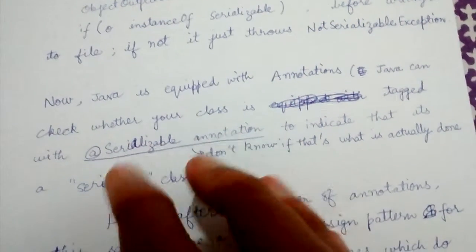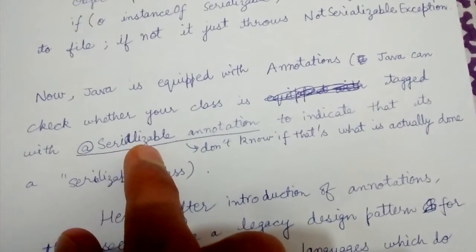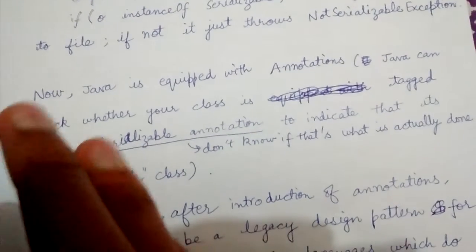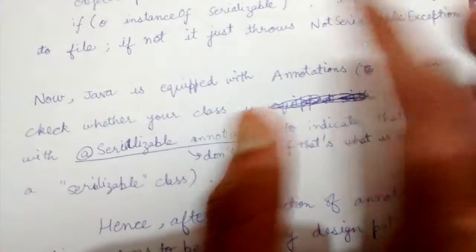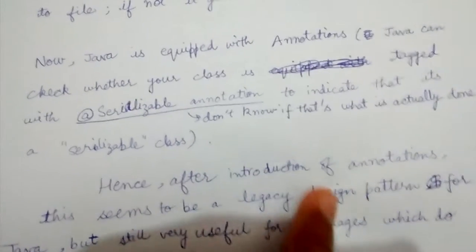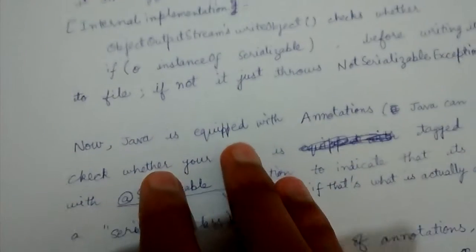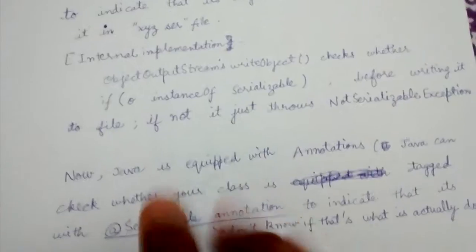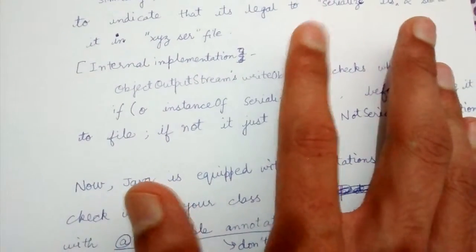So these kinds of facilities are there. I am sure this @Serializable is available in Scala, but I don't know whether it is available in Java. I don't think it is still available in Java. So we still use implements Serializable. But since the introduction of annotations in Java, this whole pattern, which is the marker interface pattern, so using interfaces for marking certain classes, so that whoever is acting on those classes can check whether it is implementing that interface.